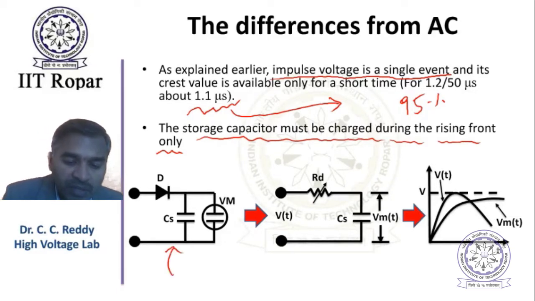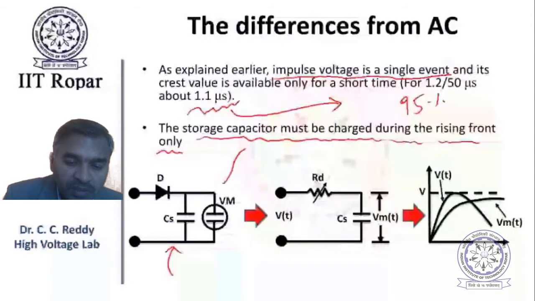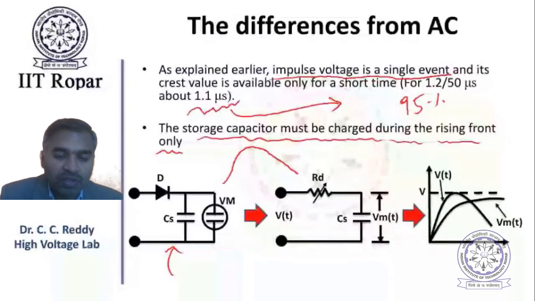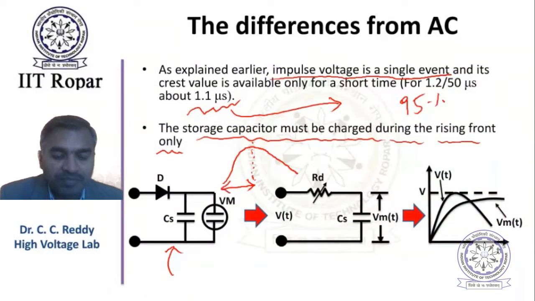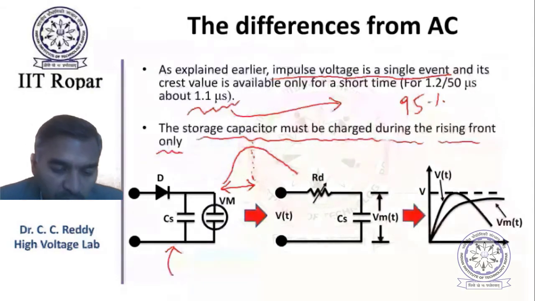Suppose the impulse waveform is like this. The moment it is charged to the peak, after that the capacitor will not follow the input voltage, right? So charging is for this rising portion of the waveform only.